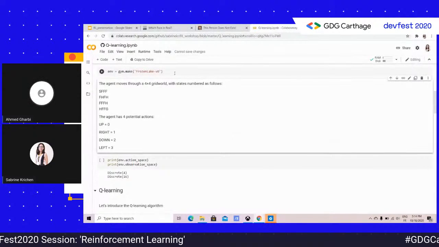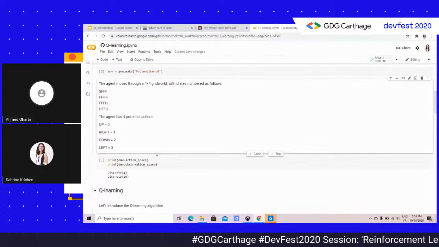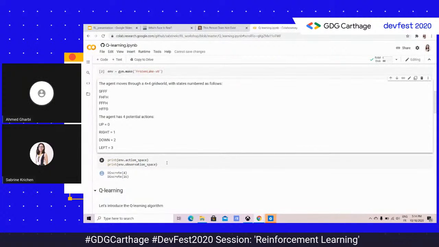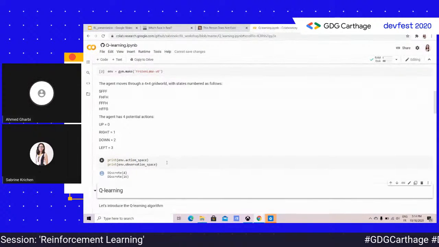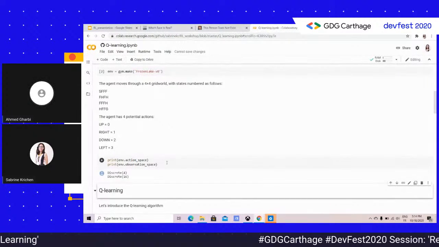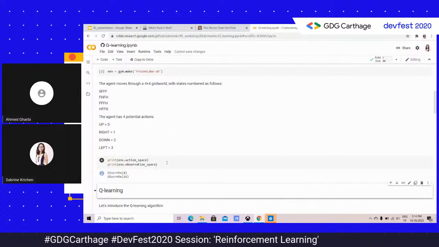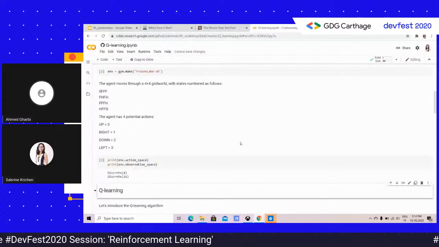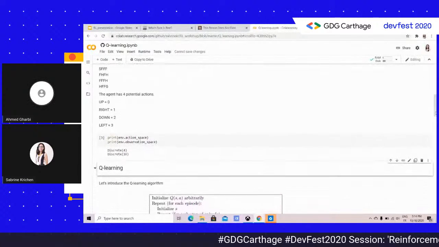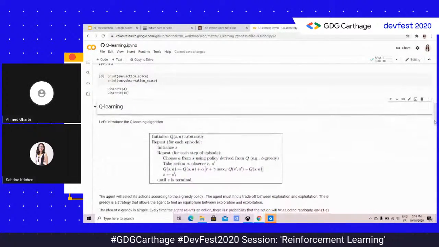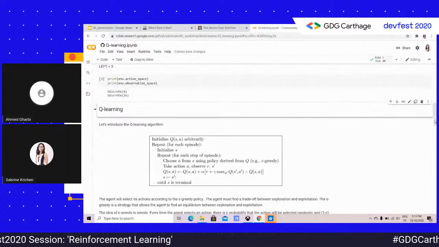Once we create this environment, we can explore it by typing print environment.action_space in order to see the possible actions that the agent can take. And we can also observe the observations that the environment gives back to the agent by calling environment.observation_space. In this case, since we are working in a 4x4 grid, there are 16 possible states and thus 16 possible observations for the agent.